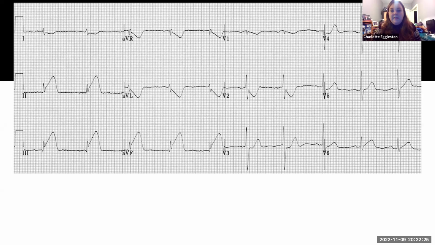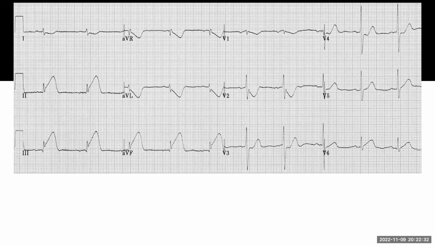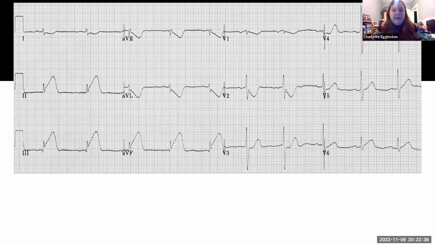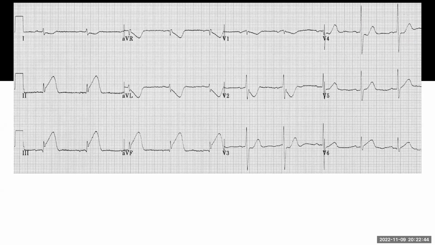So what about this one? In lead 2, there's ST elevation, and 3 as well. Anywhere else? Also in lead 1, there's depression.